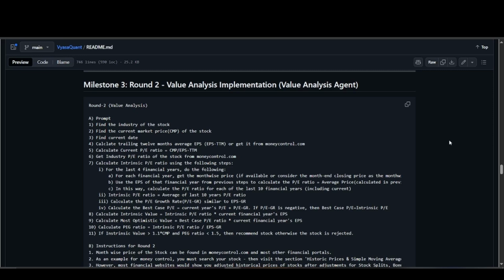Then it will calculate the intrinsic PE ratio for the last 4 financial years, calculate the PE growth rate, and then calculate the intrinsic value based on the intrinsic PE ratio. It will also calculate the PEG ratio based on the intrinsic PE ratio and the EPS growth rate. If the intrinsic value is greater than 10% of the current market price and the PEG ratio is less than 1.5, then it will recommend the stock, otherwise the stock is rejected.